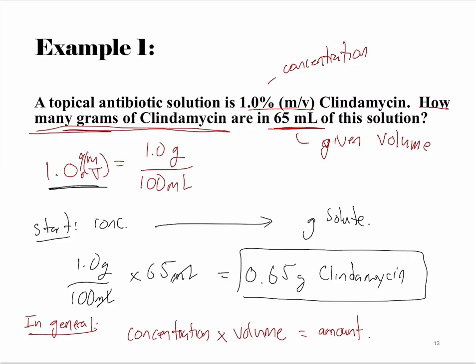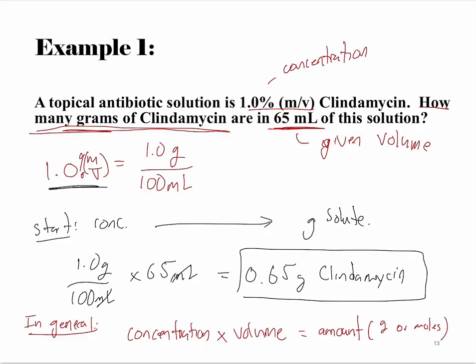And that amount, depending on the concentration, can either be units of grams or moles. All right, so for molarity, if you multiply it by a volume, you get units of moles. For mass to volume percent, you get units of grams.